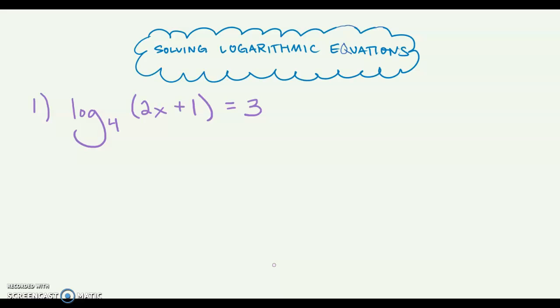Remember, when we were trying to solve an exponential function with a variable in our exponent, we'd rewrite it as a log. But if we have a log with our variables in our argument, we're going to rewrite it as an exponential function. And so again, if the chubby hand helps you, 4 to the third is equal to 2x plus 1. Let's write it down.